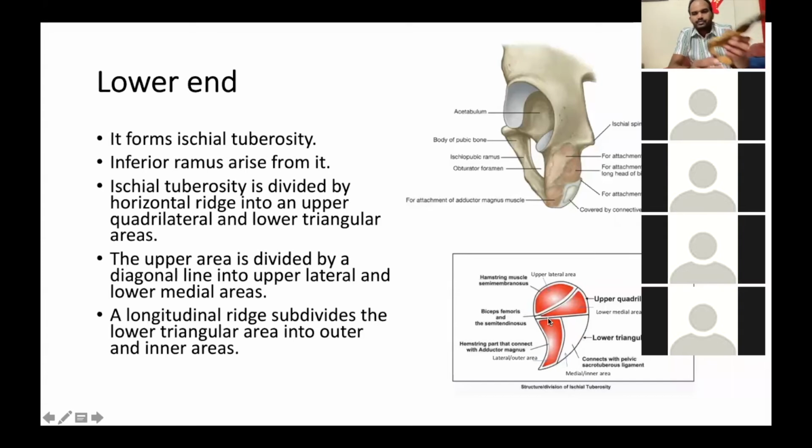I think this is not clearly visible. Like this, you will see a ridge. This is the upper area, this is the lower area, and the lower area will be triangular. One moment.